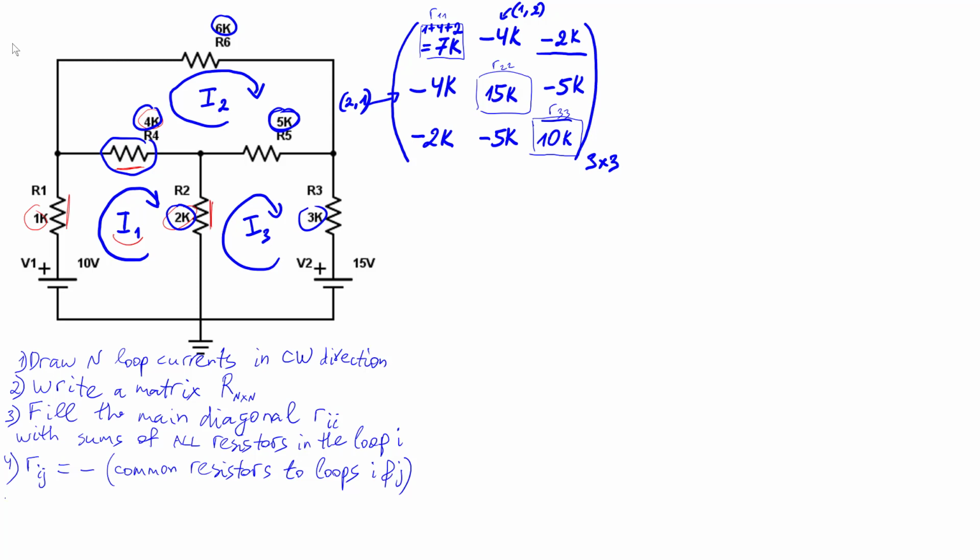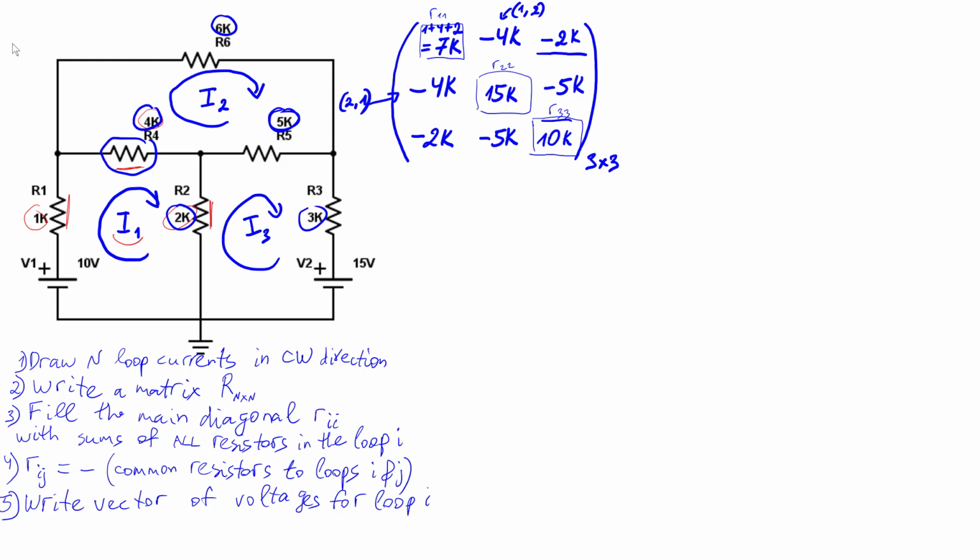And the last step, step number 5, we need to write a vector of voltages in the loop i. Now, it's very important in which direction you write that voltage.